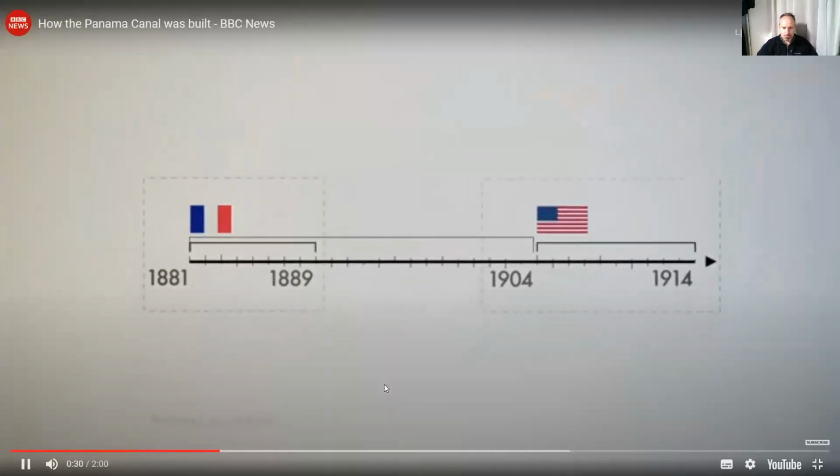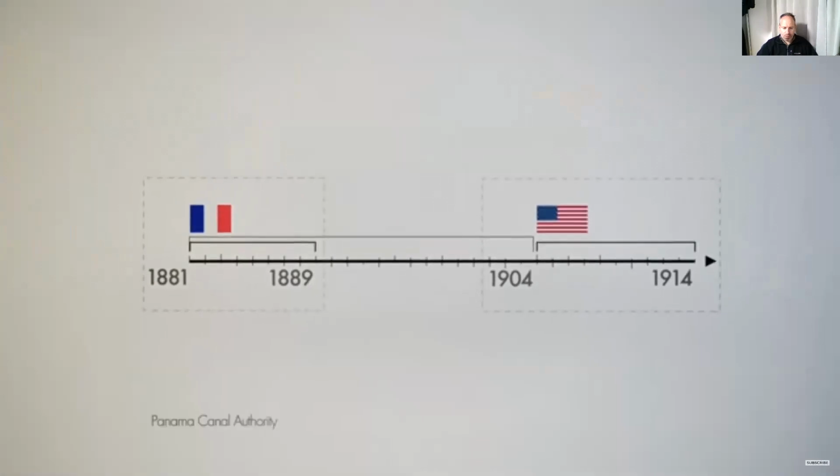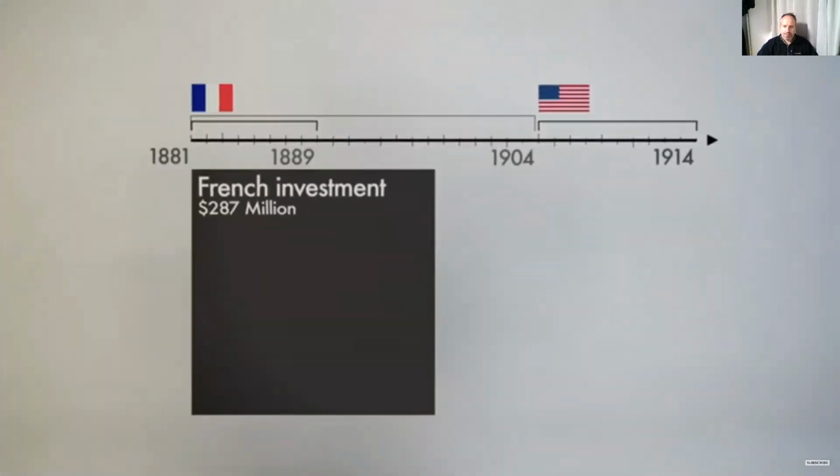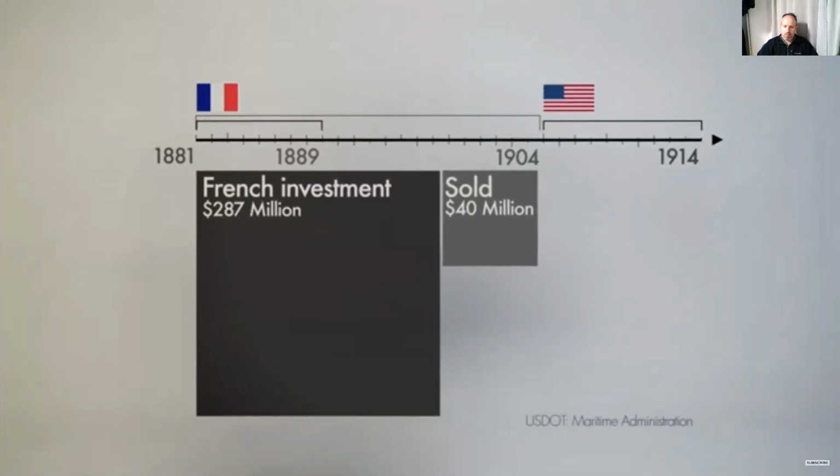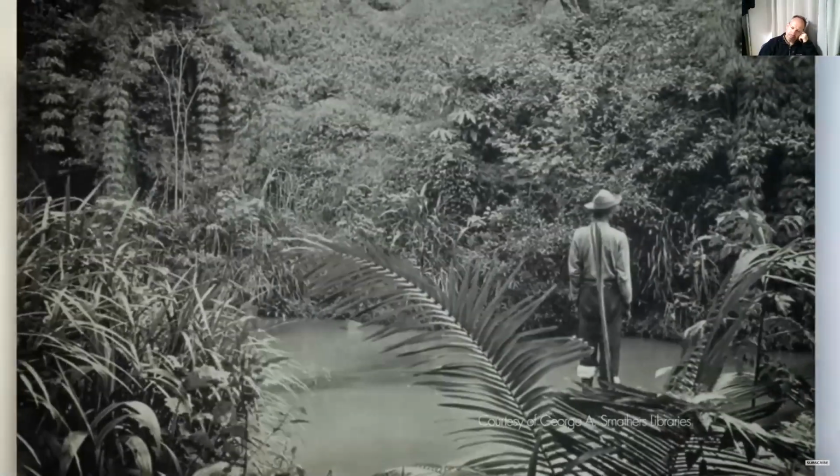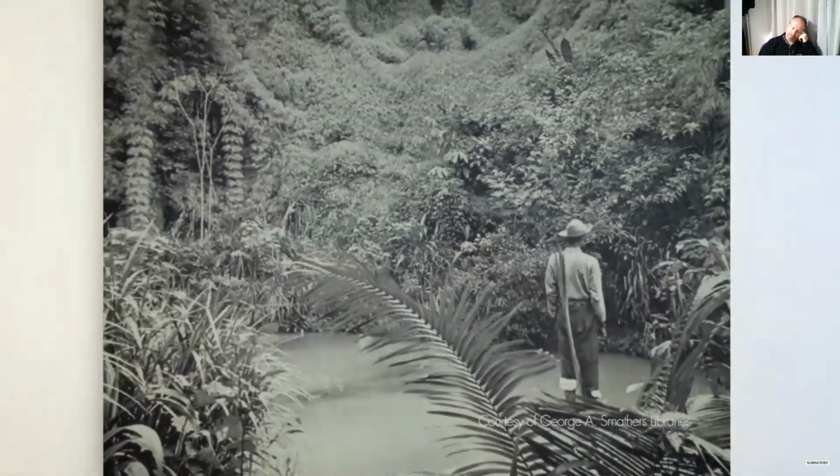The canal was sold to the US 15 years later. The French suffered a considerable financial loss. But by the dawn of the 20th century, medical knowledge was finally capable of controlling outbreaks of tropical disease.